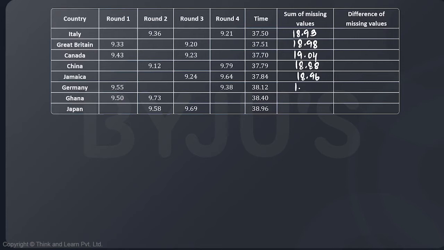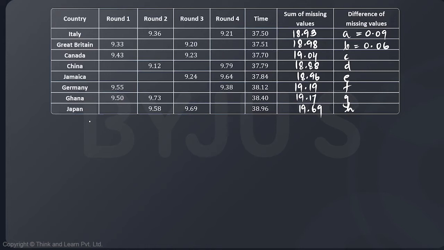So I am filling it again. So we have 19.17 and then we have 19.69. These were A, B, C, D, E, F, G, and H. And as per the first statement, we know that A is nothing but 0.09 and B is nothing but 0.06.